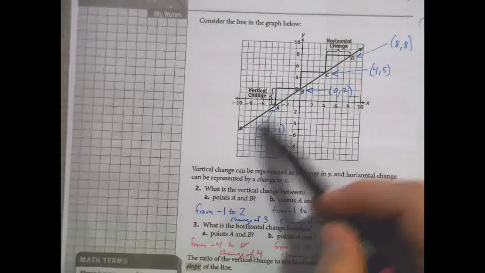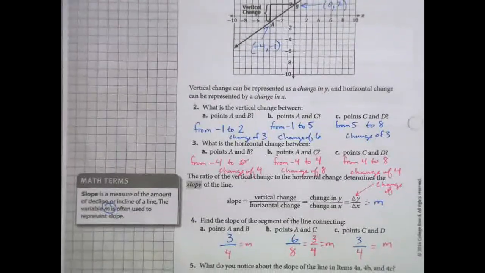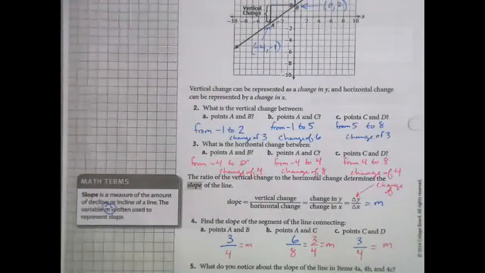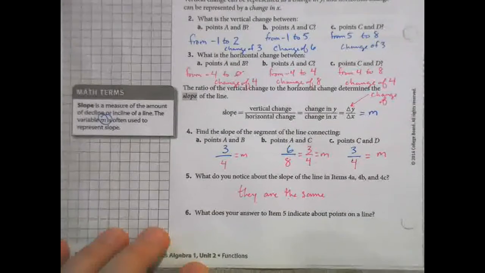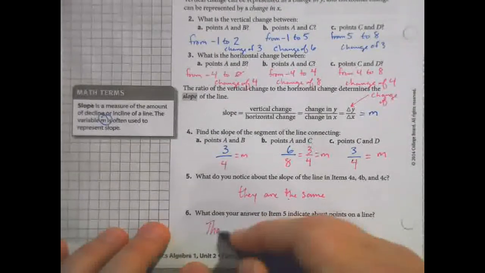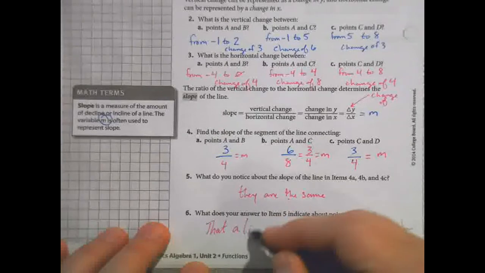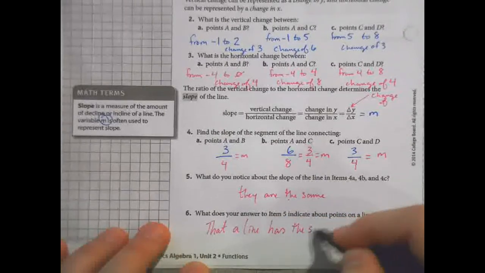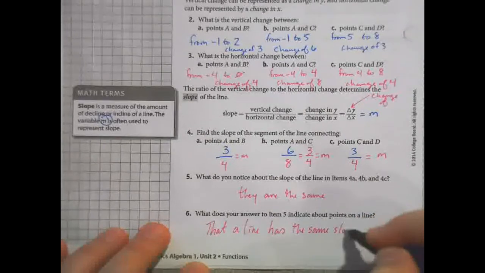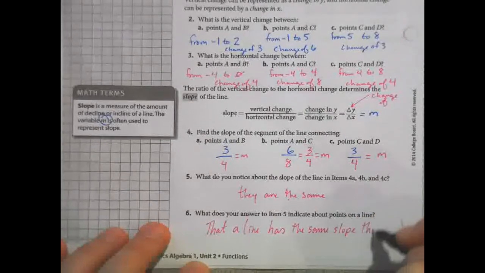It's one continuous line all the way across there. All right? So what does your answer here tell me about the points on the line? Number 6, what does your answer for number 5 indicate about points on a line? That a line has the same slope throughout.